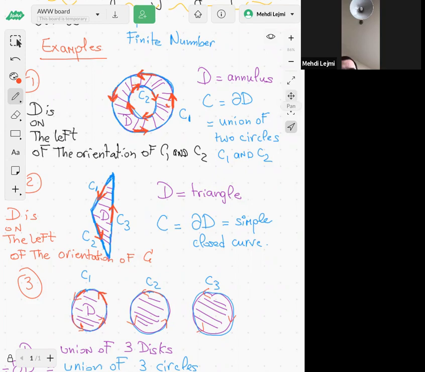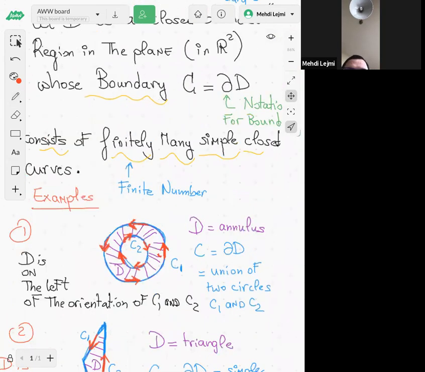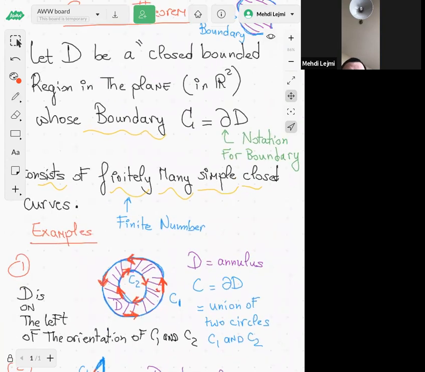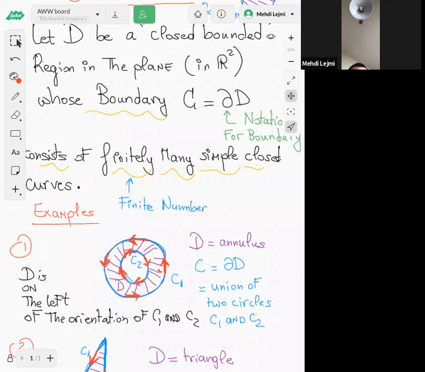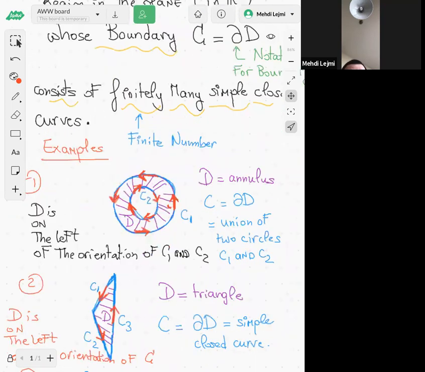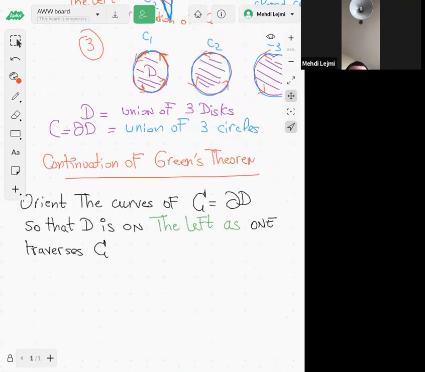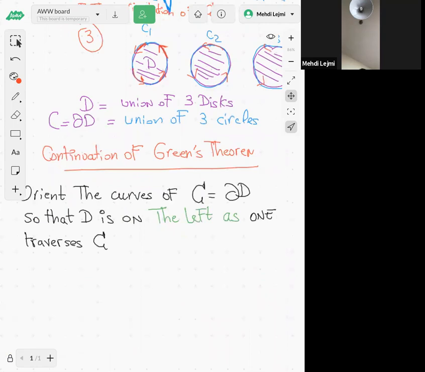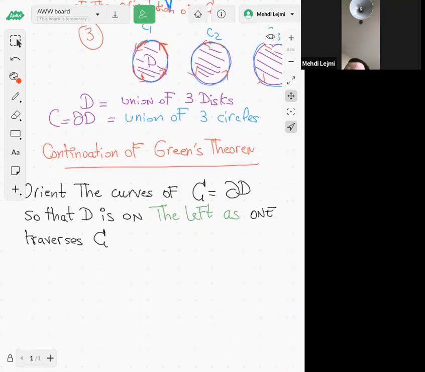So in this Green's theorem, we have this region D with the boundary C, which is a finite number of simple closed curves, and you need to orient the curves of the boundary C so that D is on the left as one traverses C.